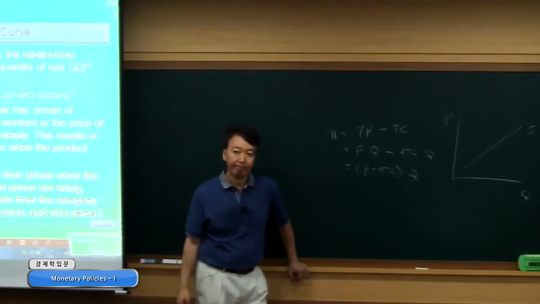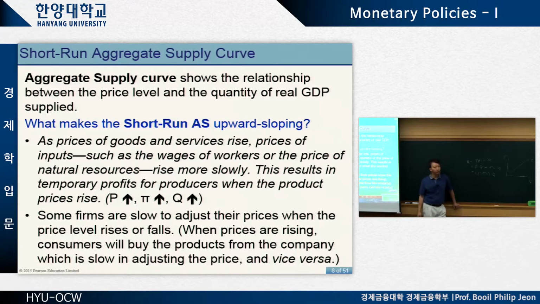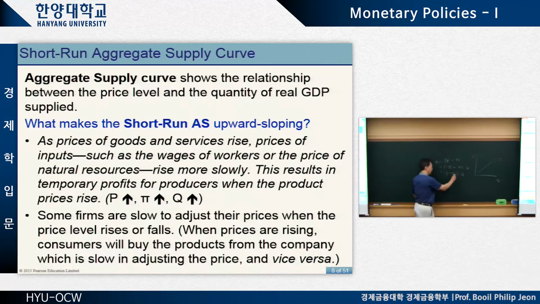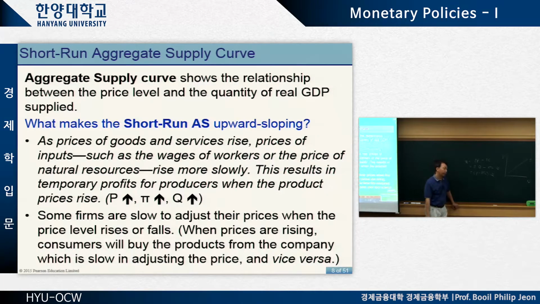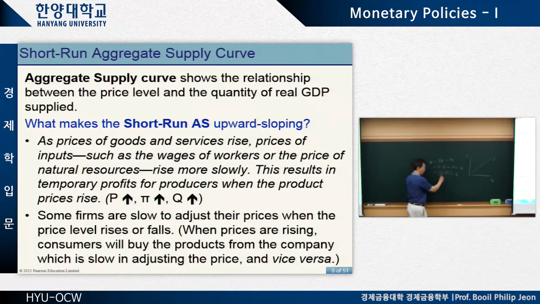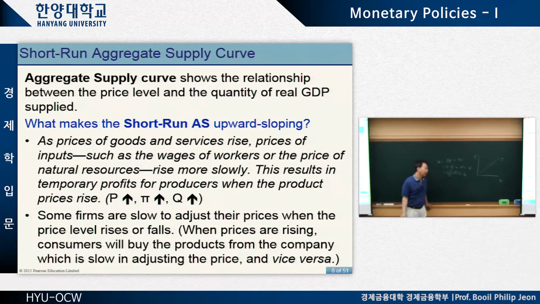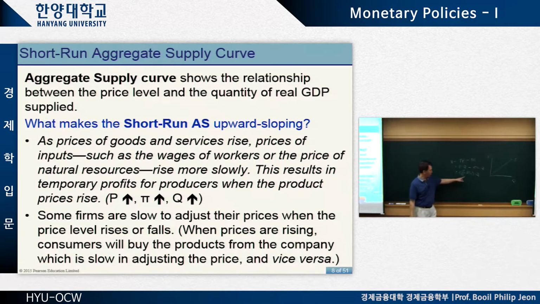And you multiply it by how many units you sell, that will be your total profit. So whatever the reason, if the price goes up, holding other things constant, holding the per unit cost the same, that means your profit margin increases.